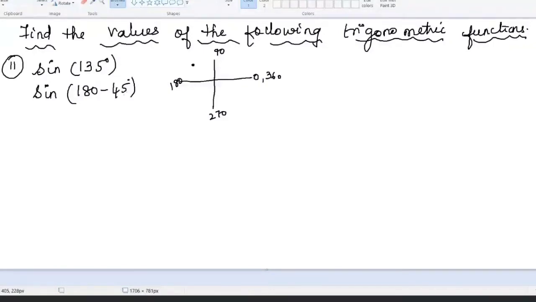First, check which quadrant that number belongs to. Second step, in that quadrant, check whether the trigonometric function is positive and write its sign correspondingly. And third, check whether the number lies on the x-axis or the y-axis, that is the standing or sleeping line, and then change accordingly. Those are the three steps to be followed when you use the allied angle concept.